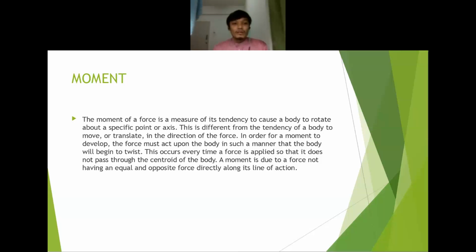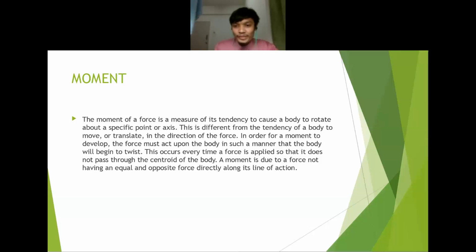Moment. The moment of a force is the measure of the tendency of the force to cause the body to rotate about a specific point or axis. This is different from the tendency of the body to move or translate in the direction of the force.